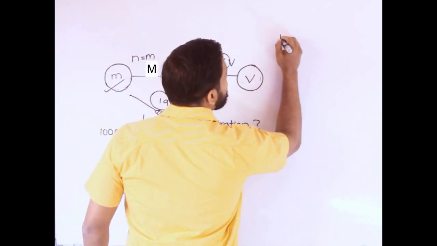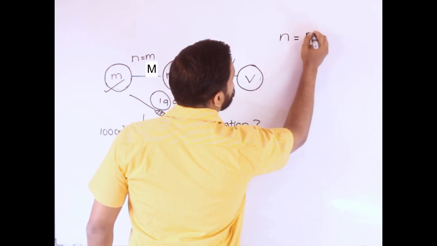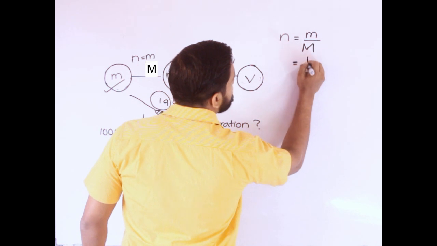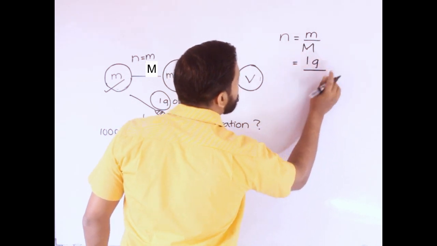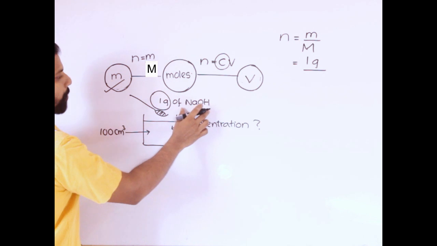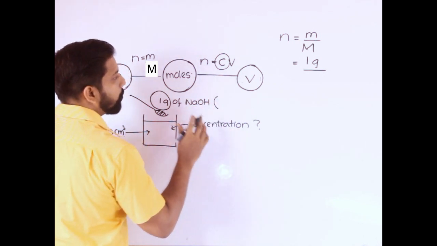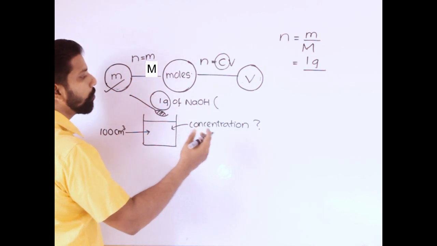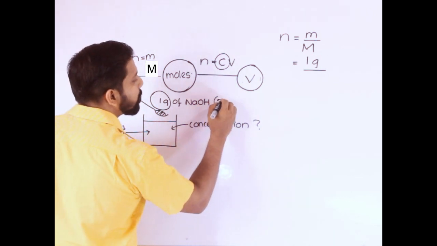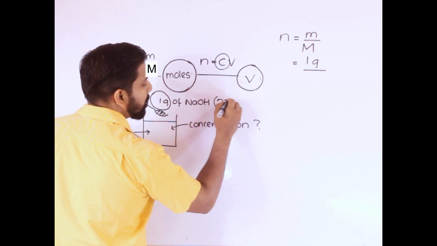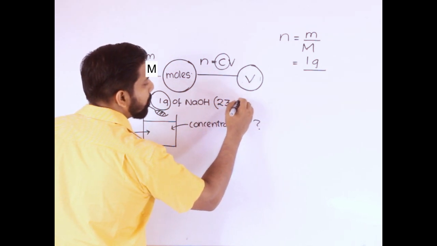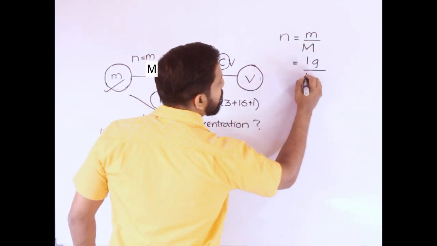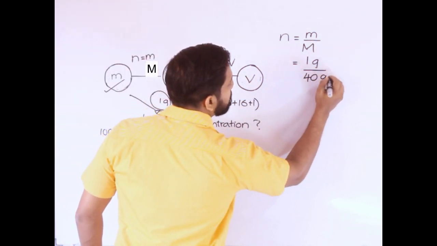So let me use n equals m over capital M in order to calculate the moles. The mass is 1 gram divided by the molar mass of sodium hydroxide, which can be calculated using the periodic table and relative atomic masses, which are 23 plus 16 plus 1. So it's going to be 40 grams per mole.